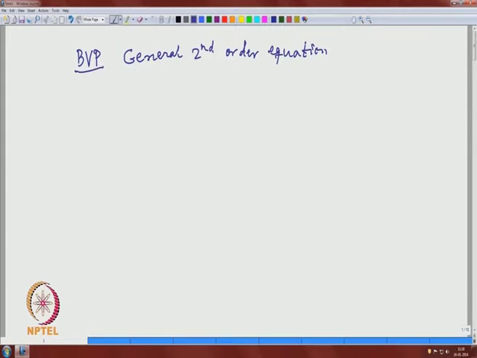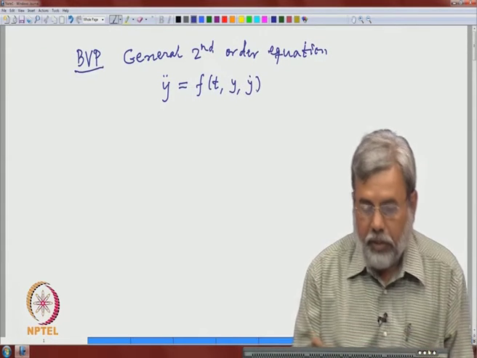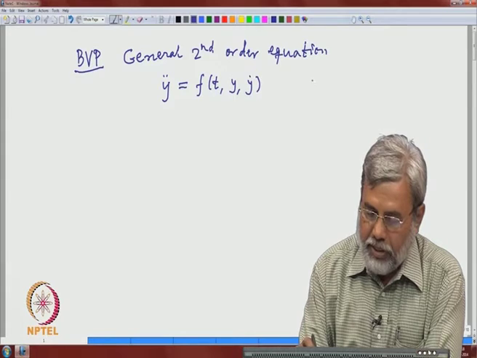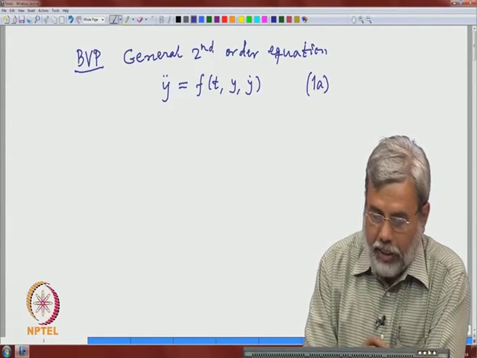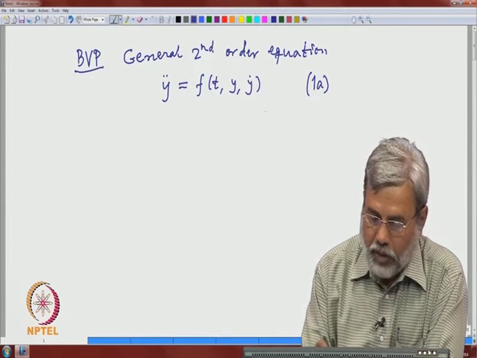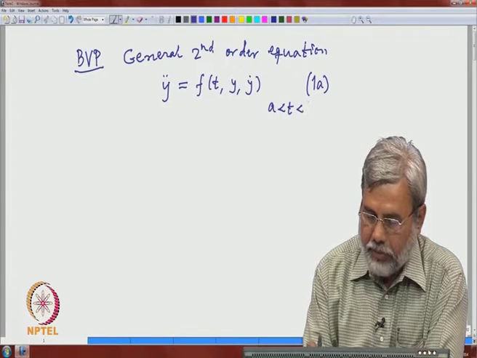So, this is y double dot equal to f of t, y, y dot, and the boundary condition. This is in a less than t less than b.